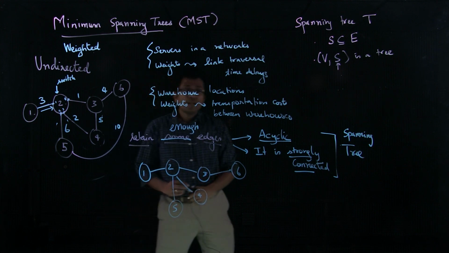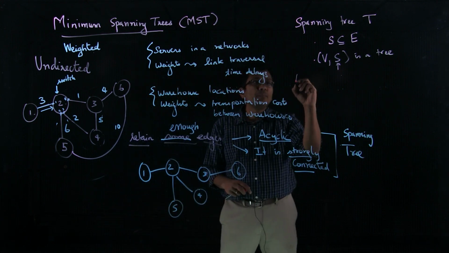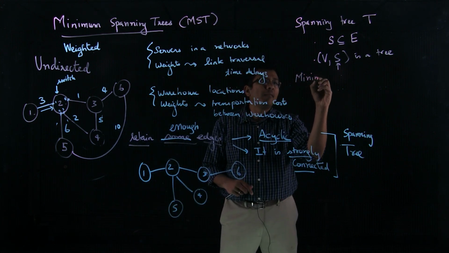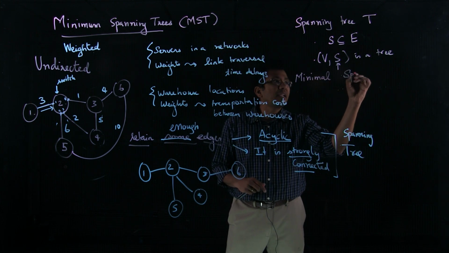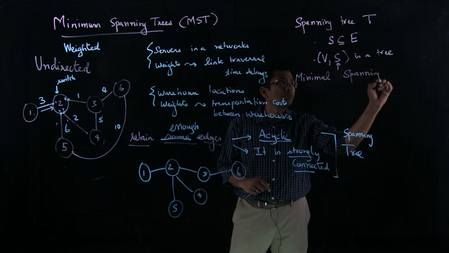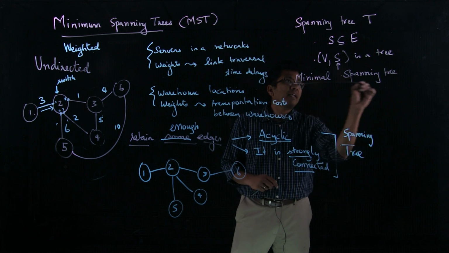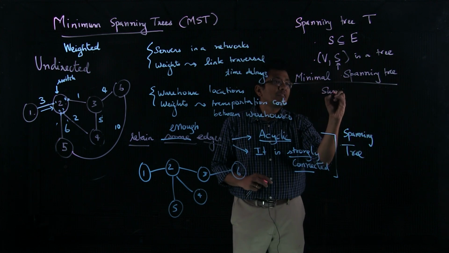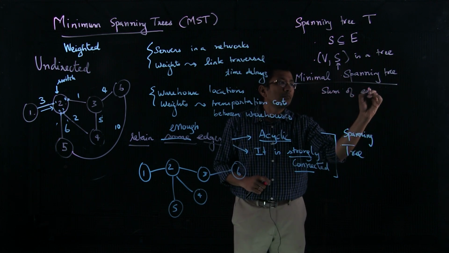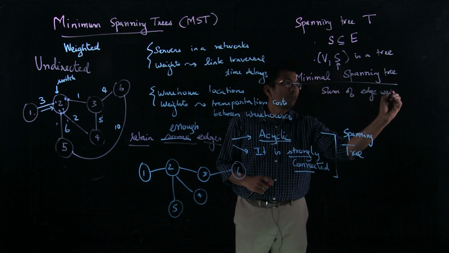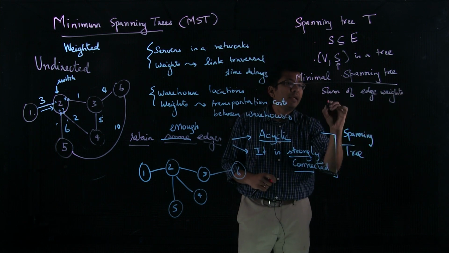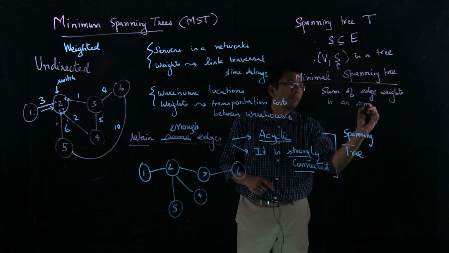Not only that, I want to find a spanning tree which is minimum or minimal. So a minimal spanning tree is a spanning tree such that the sum of the edge weights is as small as possible.